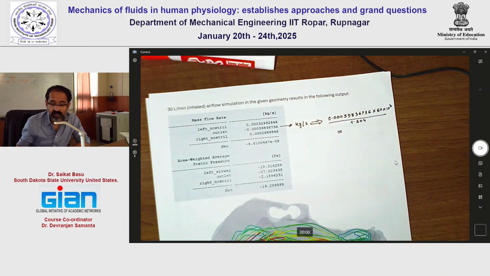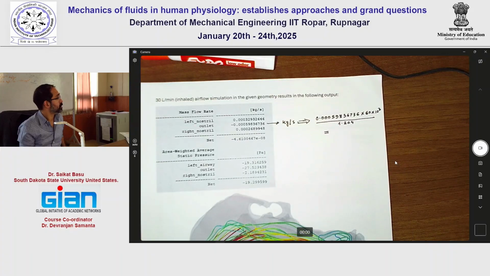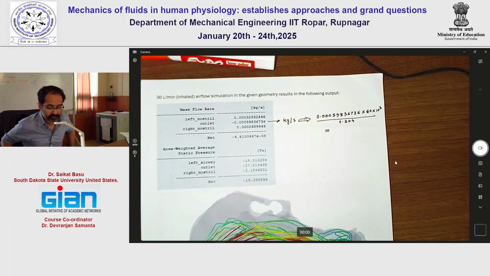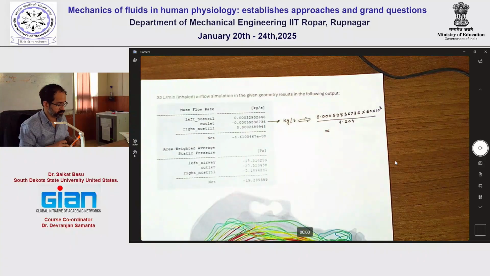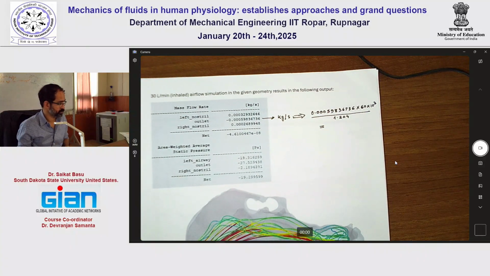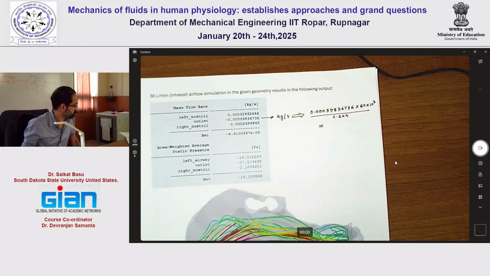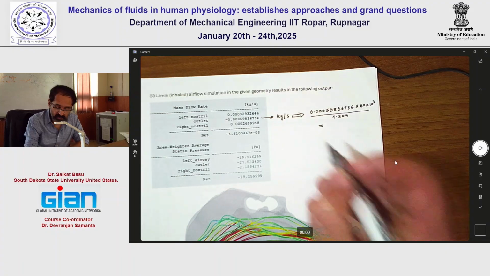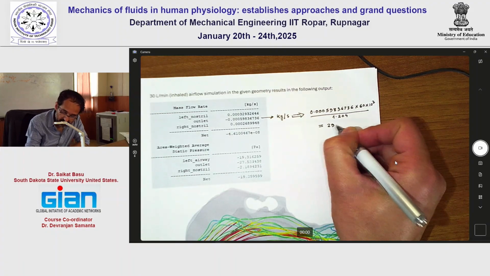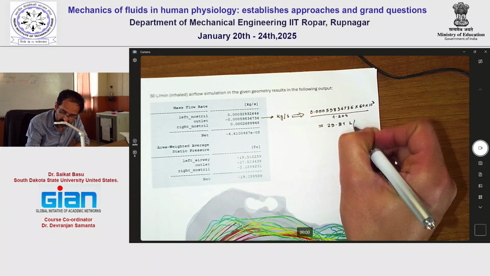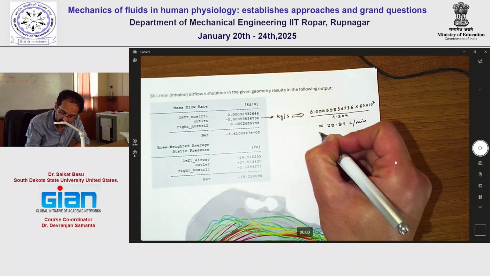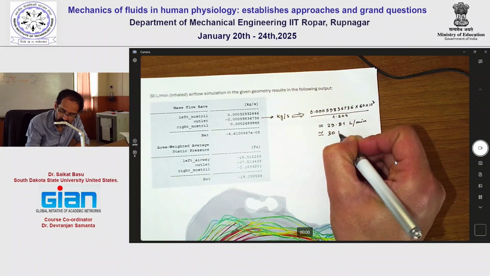Can you give me this number? 29.81. So 29.81 liters per minute. So very close to 30 liters per minute, which is what we wanted to achieve.